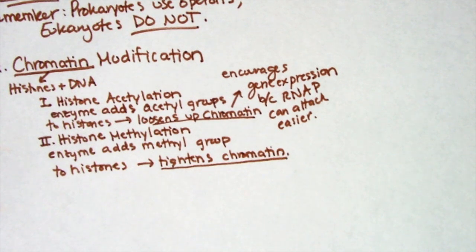And then we have the blue, which is the DNA, zoomed in on a chromosome. Notice the histones on the acetylation are spread out further. That's loosened up the chromatin. On the right-hand side, methylation, it tightly packs them. And those little A's or M's are the acetyl groups or the methyl groups.